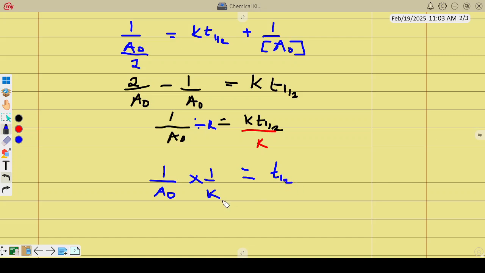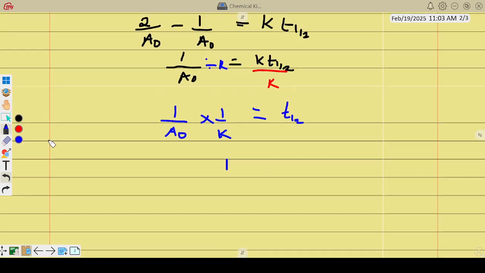This is the half time. So in the end, we're going to remain with 1 over. I was omitting the brackets, they have to be there. Now they are A naught times K. Or we can better write K in front.